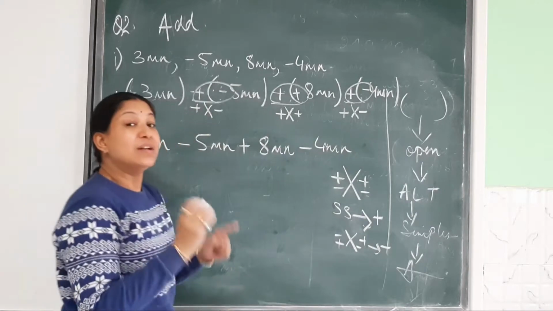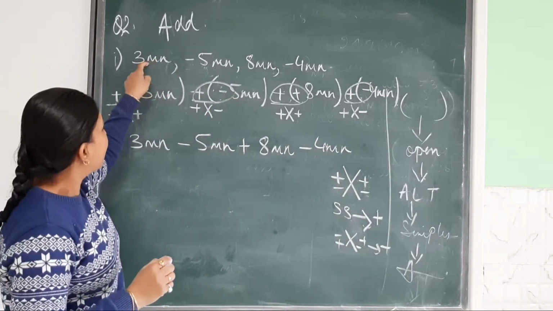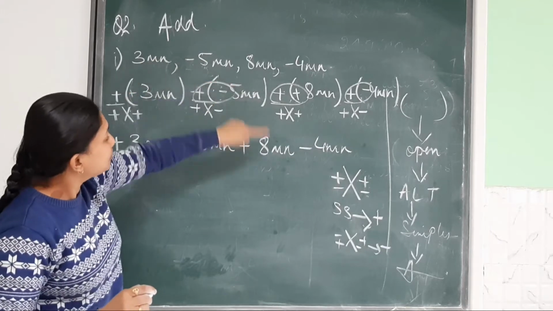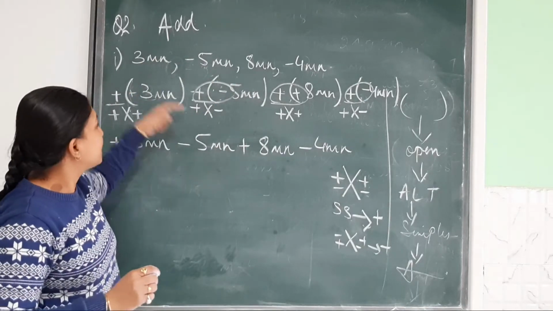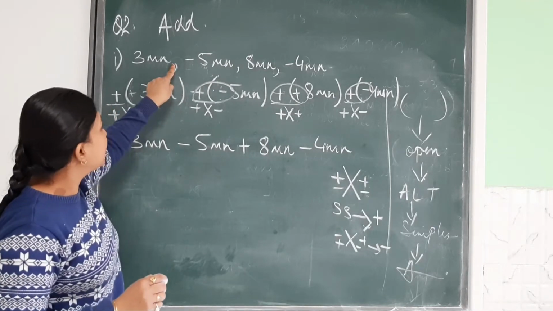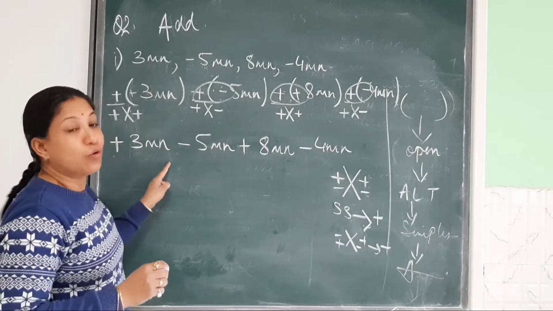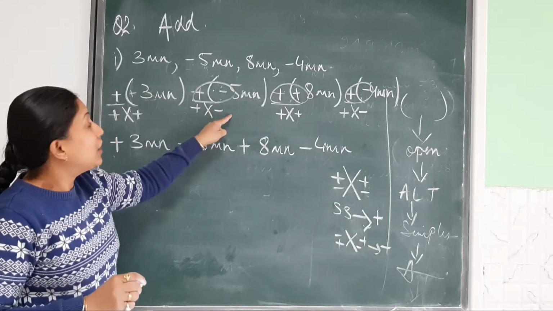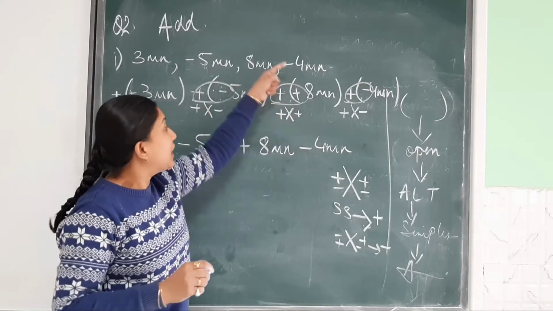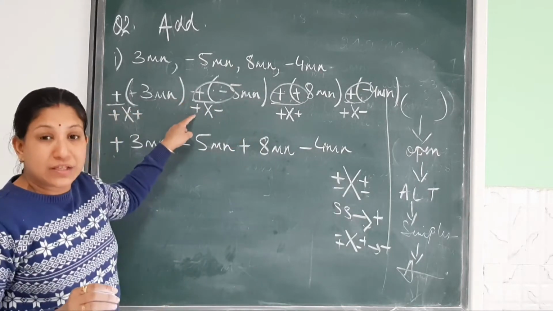So see children, this is why I told you to put a bracket. When you have seen the question and replaced the comma, you got it like this. Sometimes it's not always that you will get the same expression. Remember, for now we got the same expression.